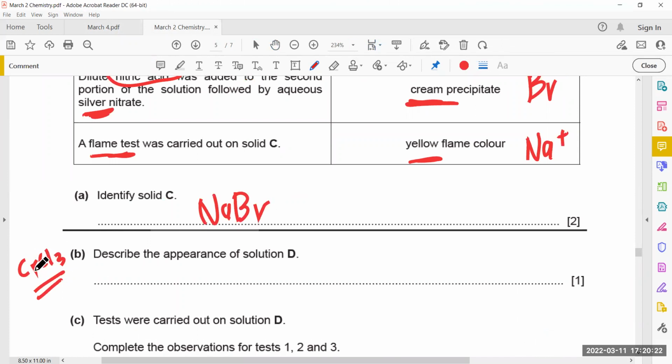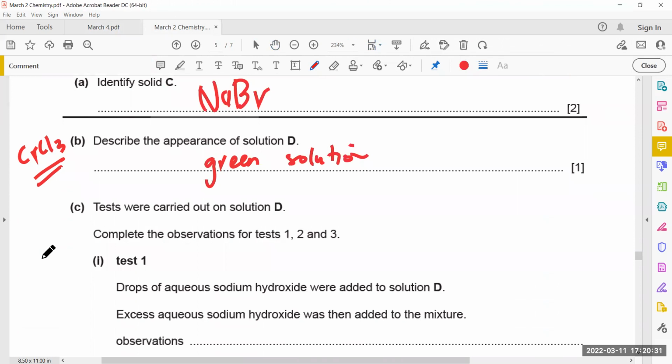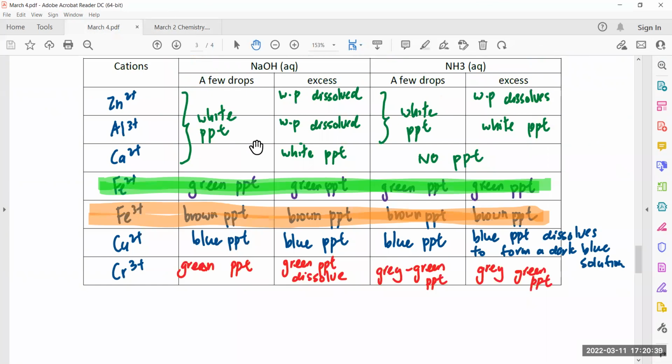Describe the appearance. This one you can say a green solution, because chromium is green, right? I add sodium hydroxide. First I add a little bit, then I add excess. With chromium, a few drops gives a green precipitate, and then the green precipitate dissolves.